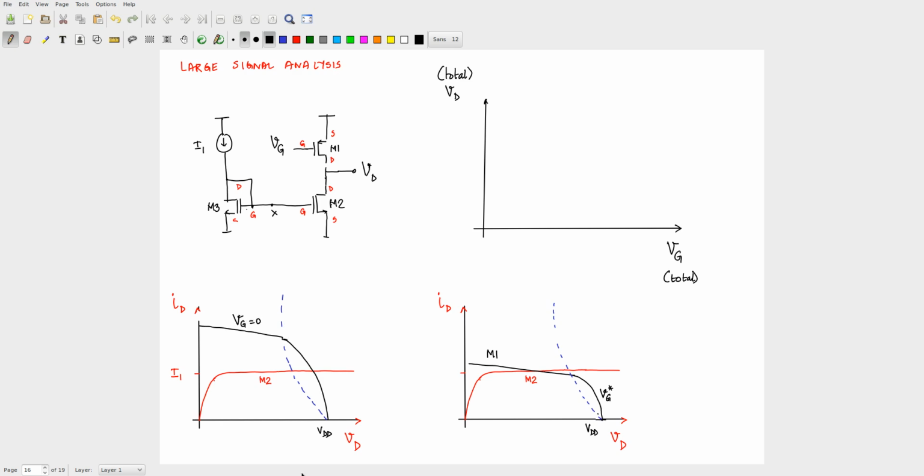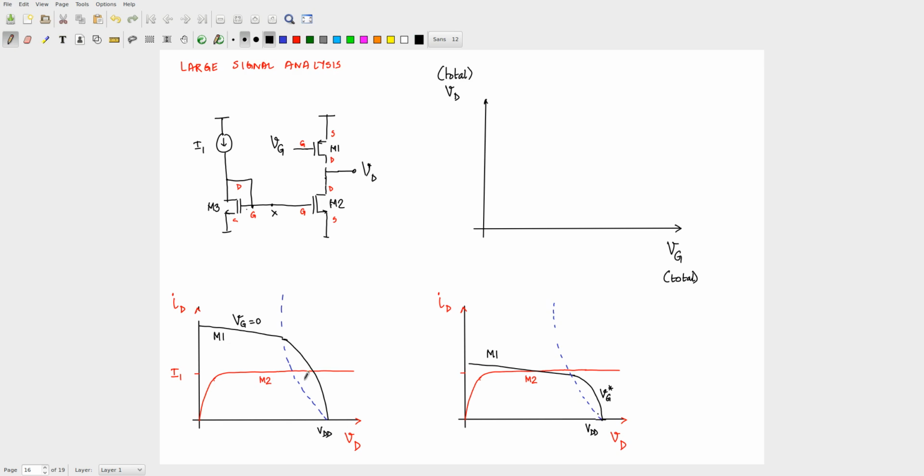Now for this particular value, this is my Vg being equal to 0. Okay. What is my output voltage? From this graph, how do you find out what the output voltage is? Where is that intersection? No, look carefully. What have I drawn the characteristics of? This is the characteristic of the upper transistor M1, this is the characteristic of the lower transistor M2. Same current has to flow through both, correct?